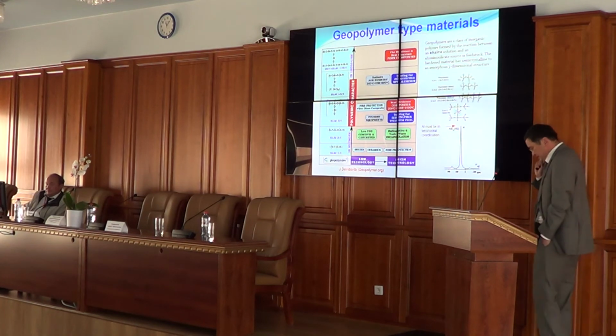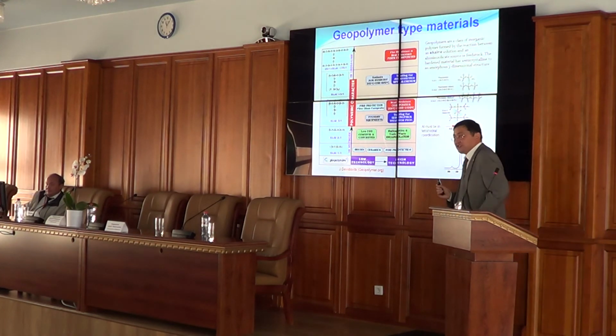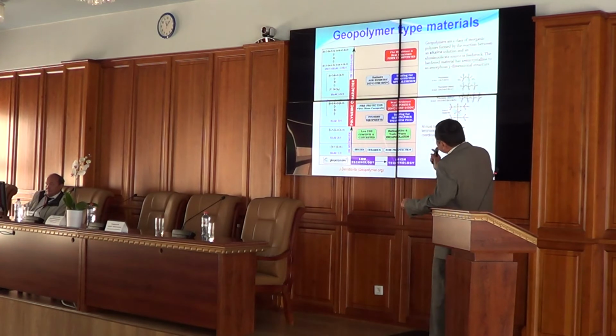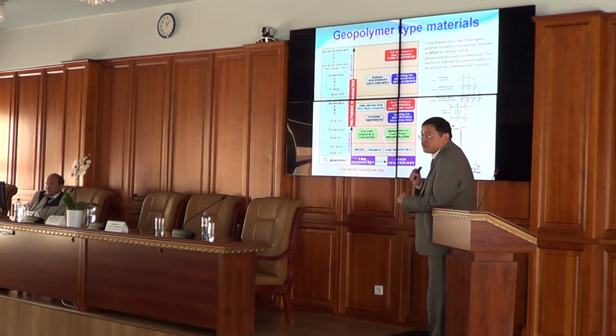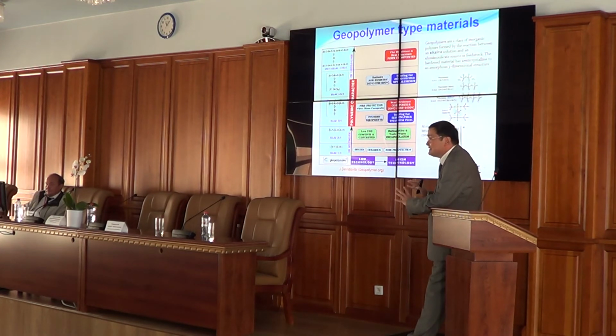For geopolymer type materials, Davidovits's finding is that we may change the properties of materials by changing the chemical composition. By changing the silica to alumina ratio, we may change the properties of our final product. This is a very important composition.